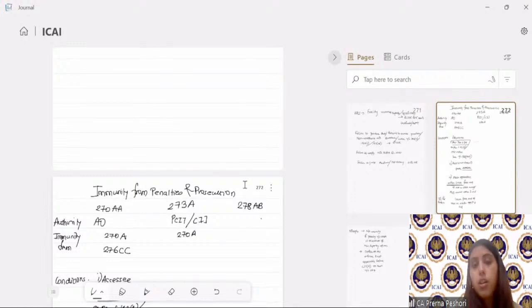Now what are the conditions over here? Here the reduction or the waiver will be granted if prior to the detection of the concealment of income by the AO, the assessee has made the full and true disclosure of all the income voluntarily and in good faith.